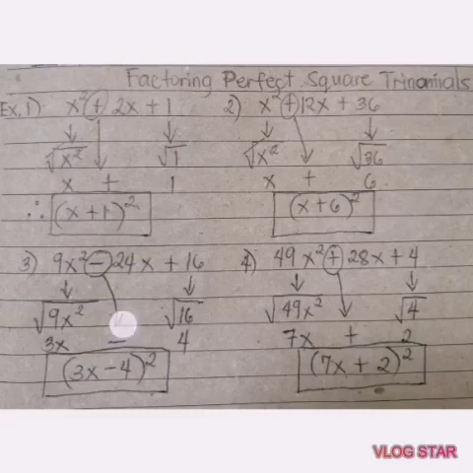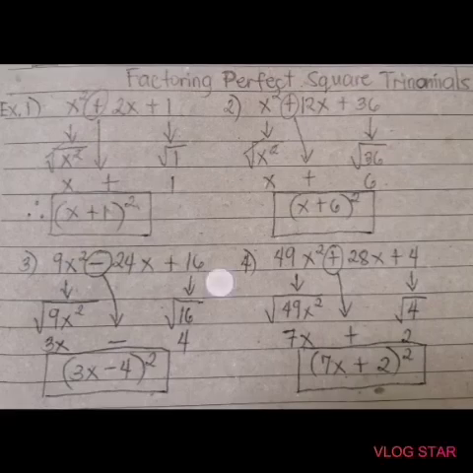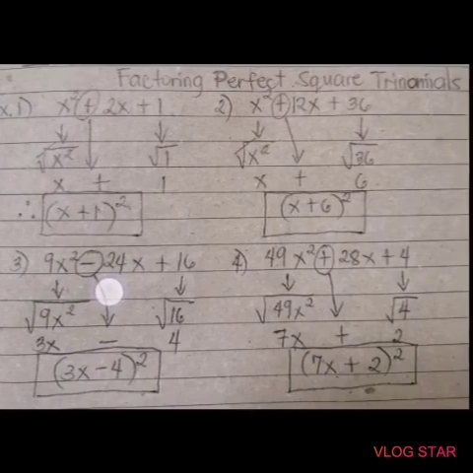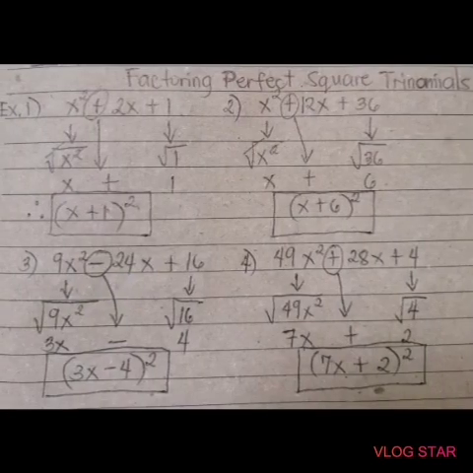Okay, in number 3, same thing. Get the square root of 9x squared, which is 3x, and the square root of 16, which is 4. So, the factors are the quantity of 3x minus 4 raised to 2. Now, to check your answer, you have to get the middle term, which is negative 24x.